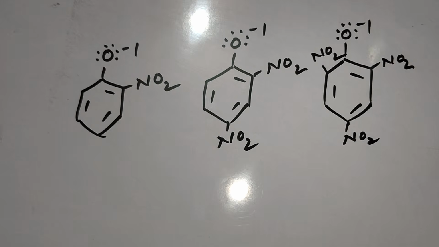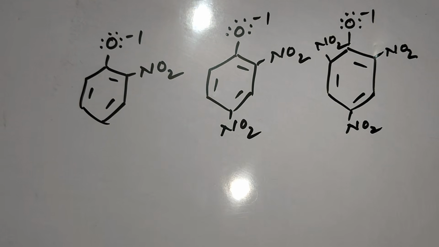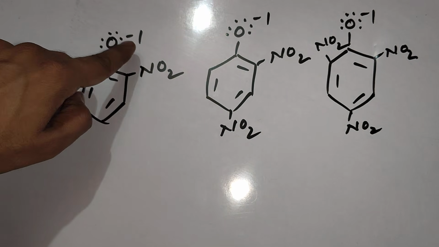Anions are made there, and now let's check whether they are getting stable or unstable. Which atom is unstable? Oxygen, because it is carrying a negative charge.